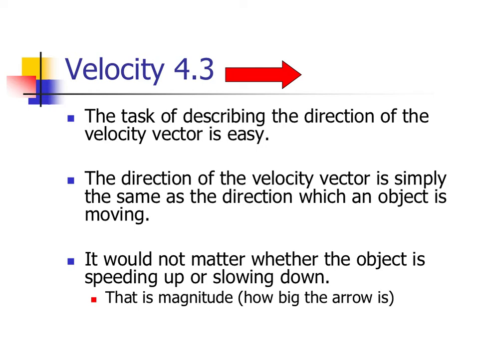However, it can be, like I said, as simple as down the ramp. The number or the magnitude, how big the arrow is, is also kind of a part of it. It tells us information. The direction of the arrow tells us the direction of which it's moving.